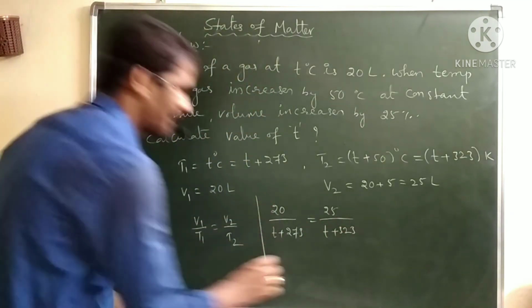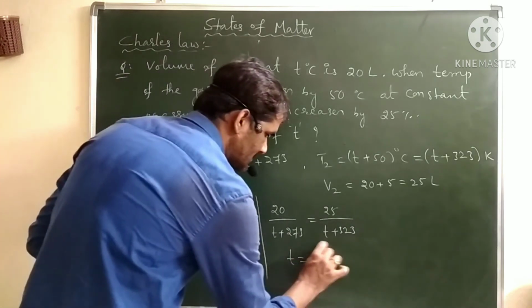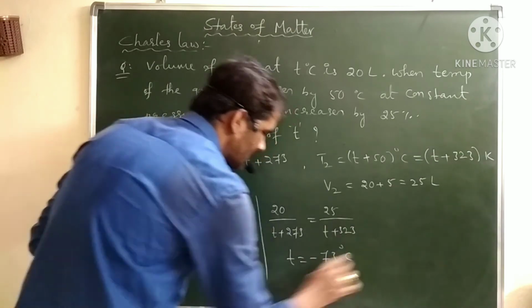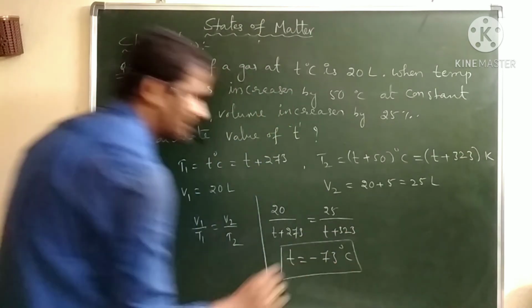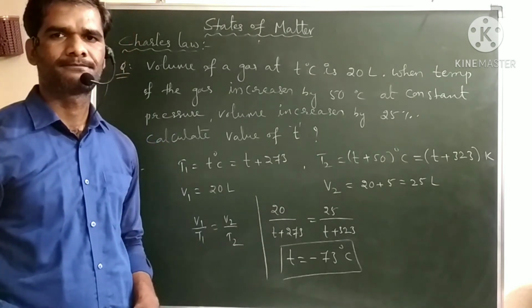So by simplifying this, we will get the temperature T is minus 73 degrees centigrade. So here T value is minus 73 degrees centigrade.